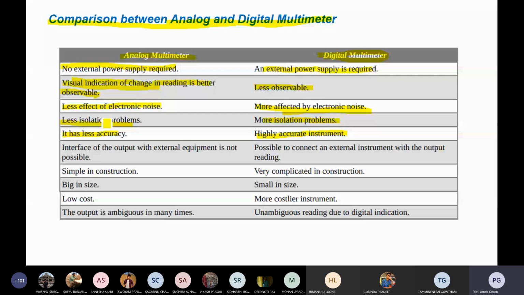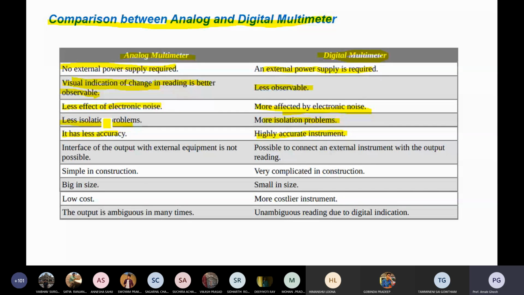In CT and PT measurements, I discussed this point. A very high voltage line is there, an extra high voltage line, meaning an EHV line. Any kind of fault in the EHV line is reflected to your control circuit or the measuring part, and then there is a chance of burnout of your measuring devices.